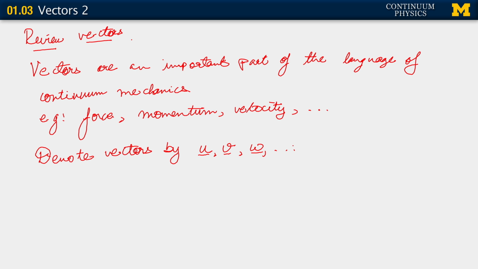We're also going to talk a little bit about the collection of vectors. In particular, u, v, w, and so on belong to what we will call a space, and we are going to denote that space by E. We want to think about the space E as just being the collection of vectors u, v, w, and anything else.